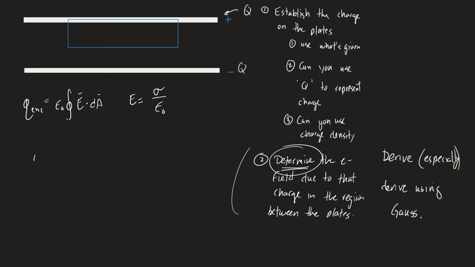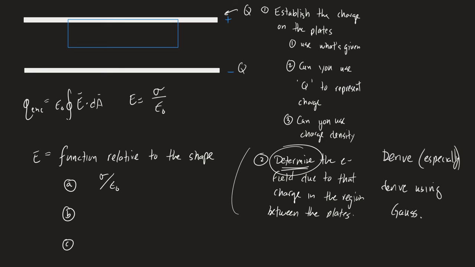Now, this should give you an electric field that is some function relative to shape. Almost always. And we know what it should look like for our three shapes. So we have some examples to draw from. For the parallel plate, we expect our electric field to look like this.